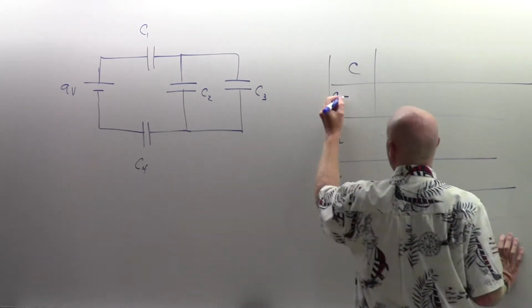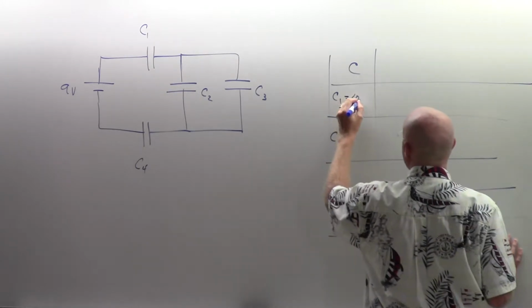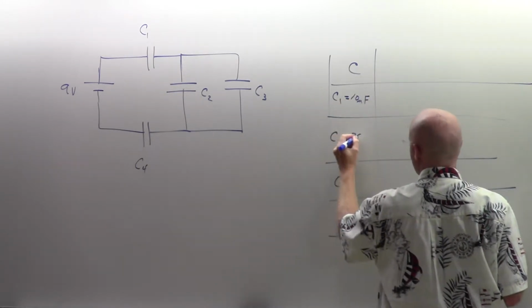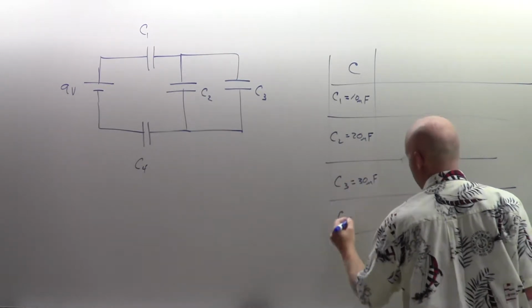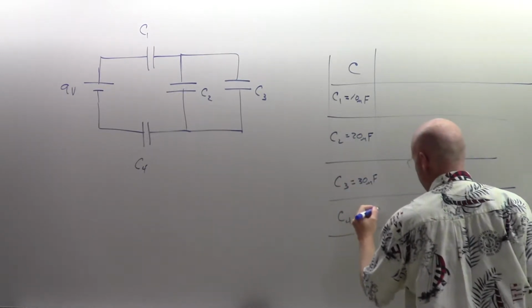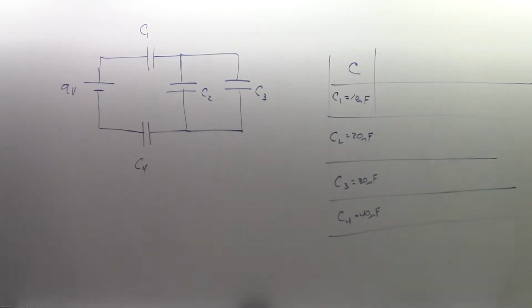We could give them some value, 10 microfarad, 20 microfarad, 30 microfarad, 40 microfarad. Hopefully the exact value doesn't really matter, right? So how they're hooked, what their value, it's the procedure, right? The logic is still going to be the same.